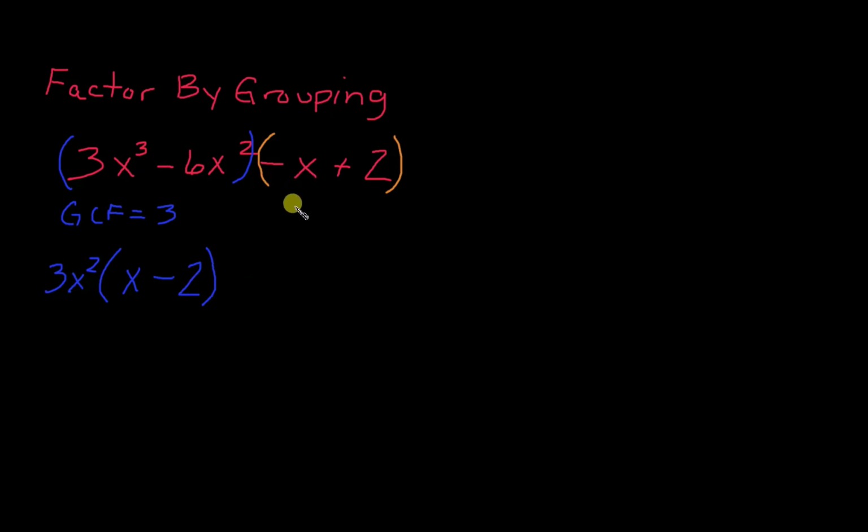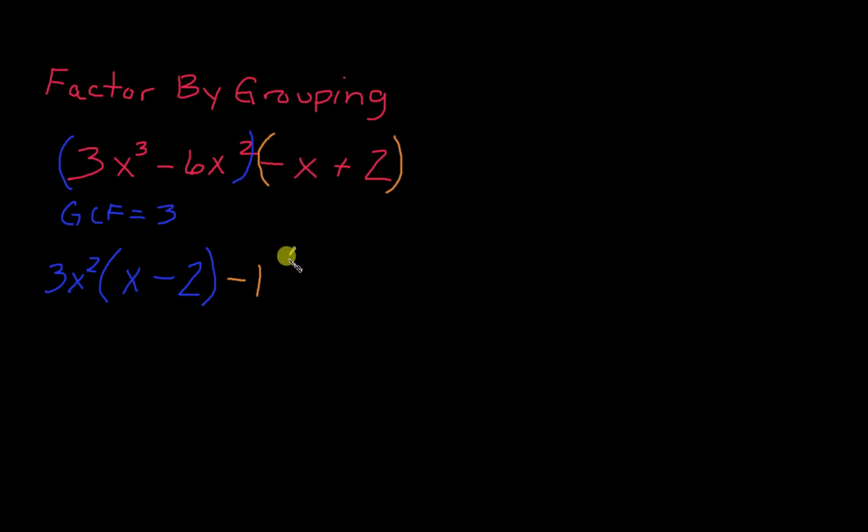The second set, what do they have in common? There's an x here, but there's no x here. Technically there's an invisible 1 here that I don't normally write. But what can you pull out? You can take this negative out, so it's a negative 1, because you have to divide by the negative 1 so you can get this x to be positive.